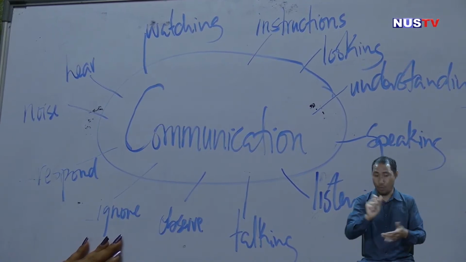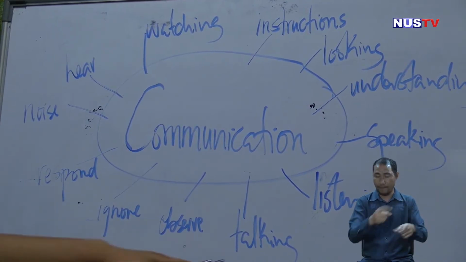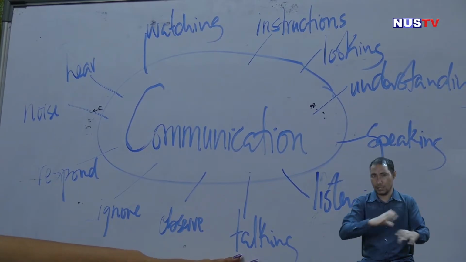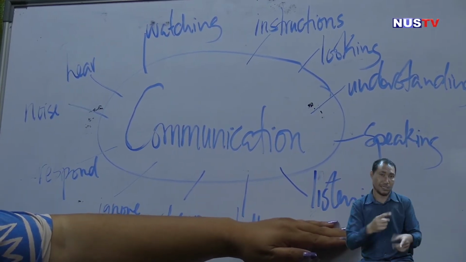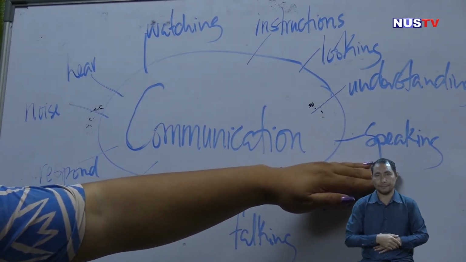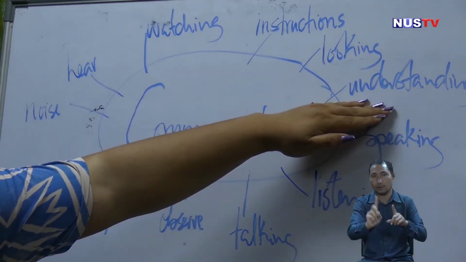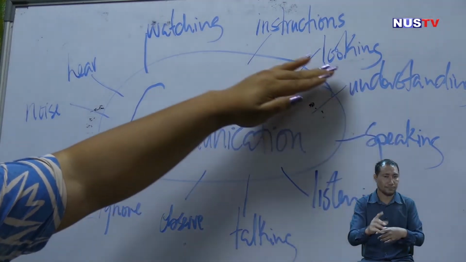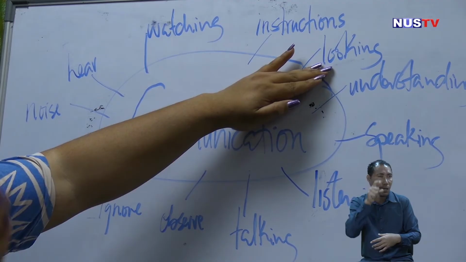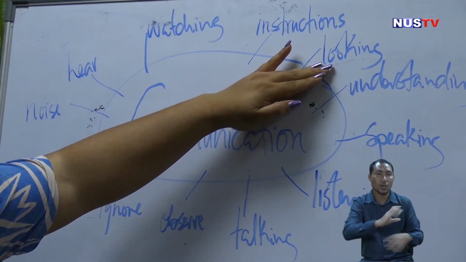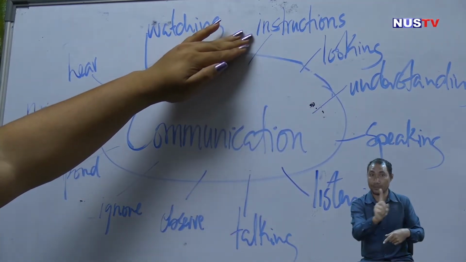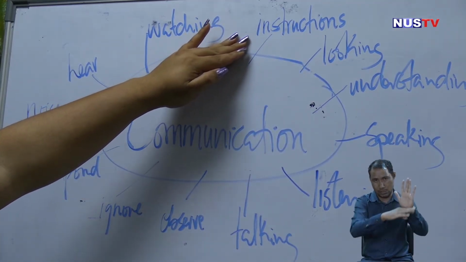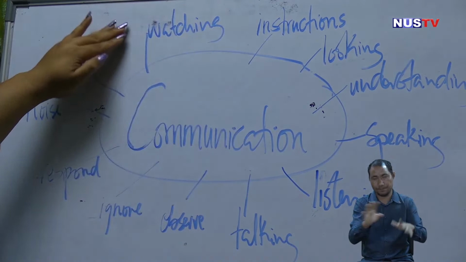So if you look at the words that I wrote down, you have talking. Yes, communication has a lot of talking, a lot of listening, a lot of speaking, understanding, looking. So when you are thinking about communication, you are looking at the person that is speaking to you. Instructions, following those instructions.